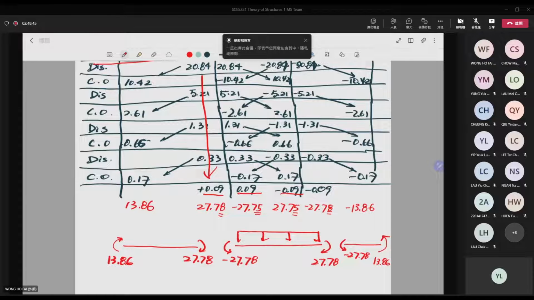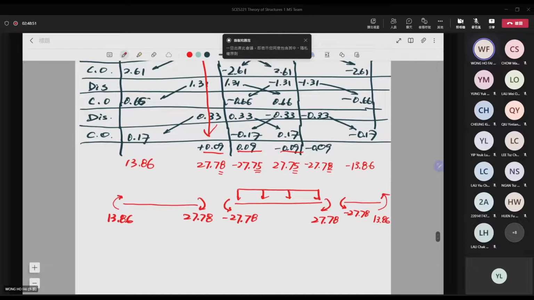Okay. And then actually you can find the shear force at the member ends by using the so-called equilibrium equations. Now for the first one, it is simple because it is 13.86 and then 27.78. You just add them together, 13.86 plus 27.78.